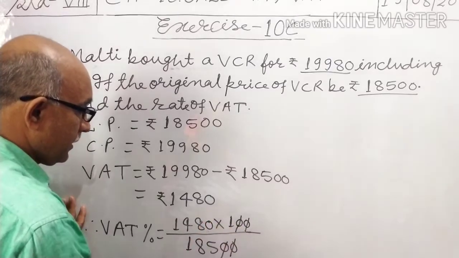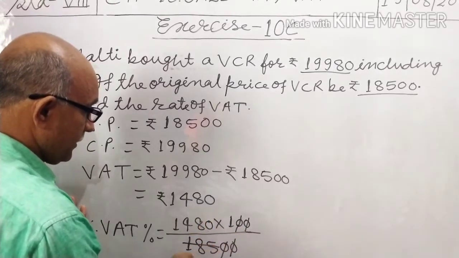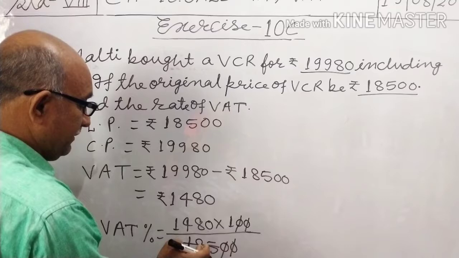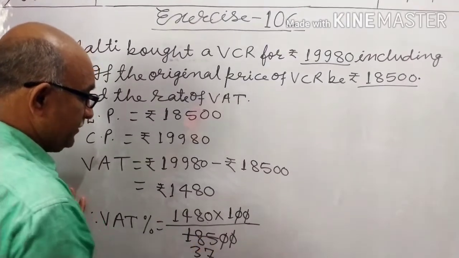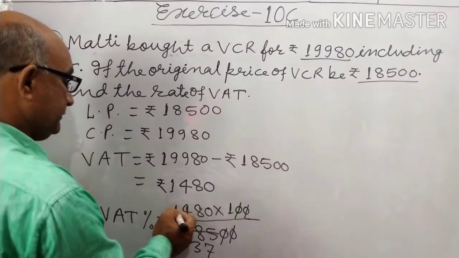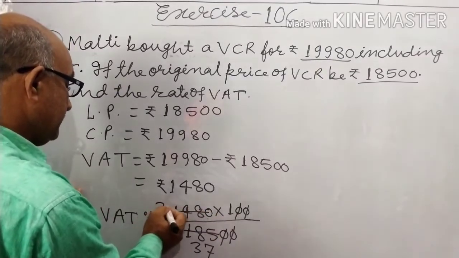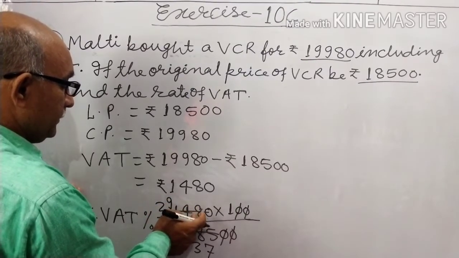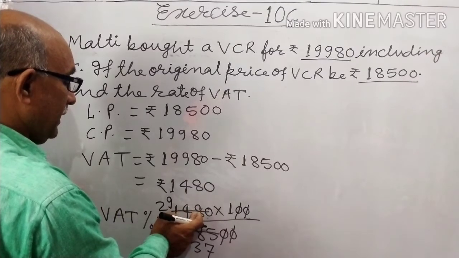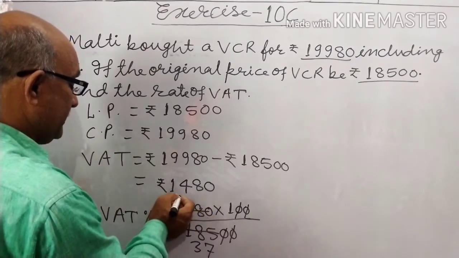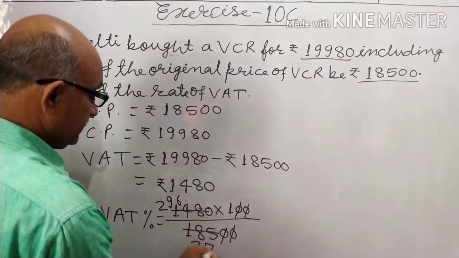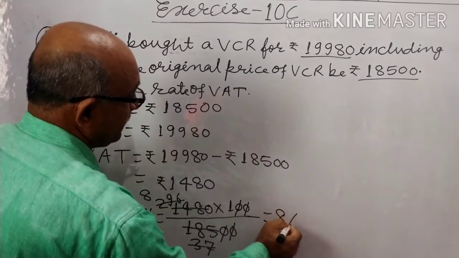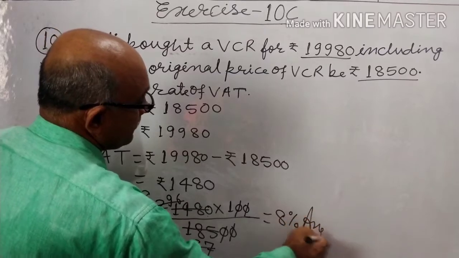Now 5 times, 5 threes are 15, 5 sevens are 35, 5 twos are 10, 5 nines are 45. So 8% is the answer of this question.